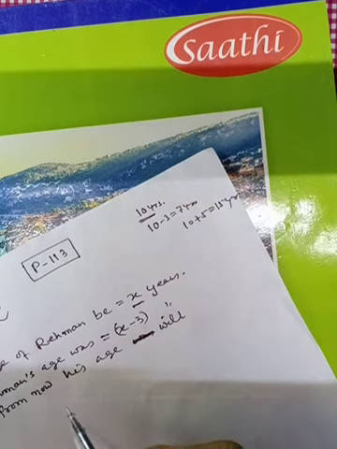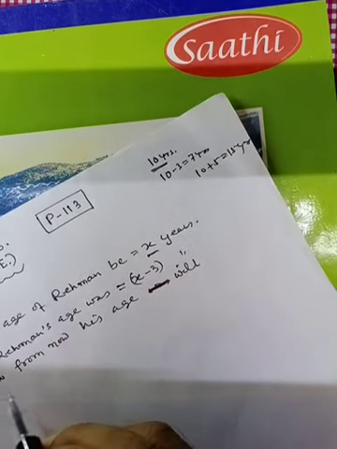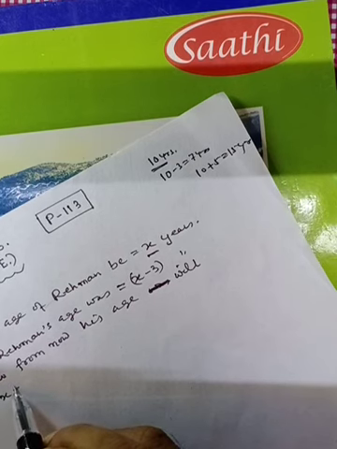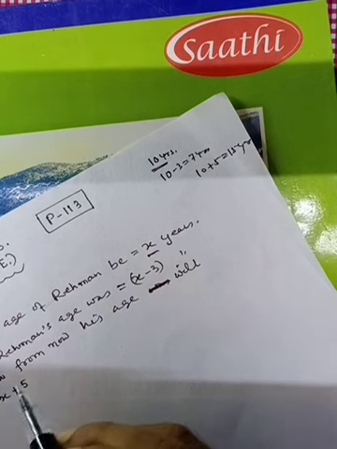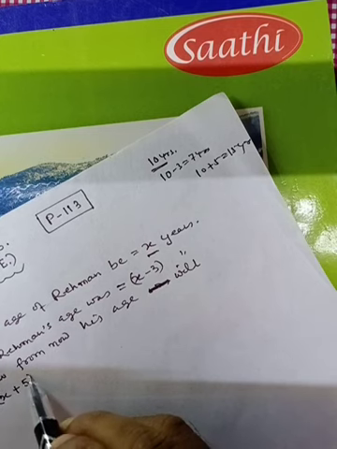So we just add 5 years to his present age, that is x plus 5 years.